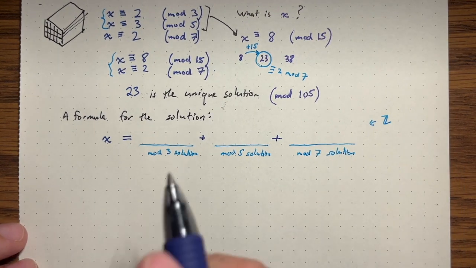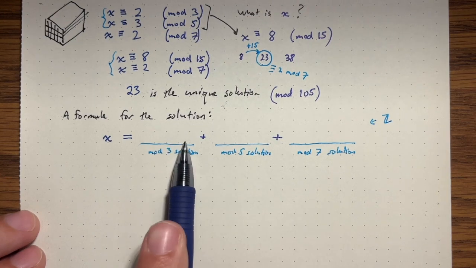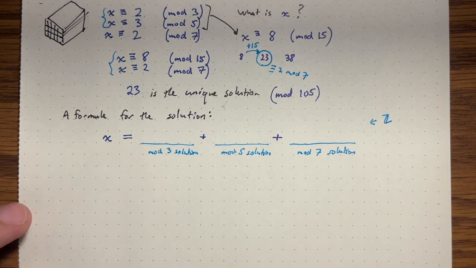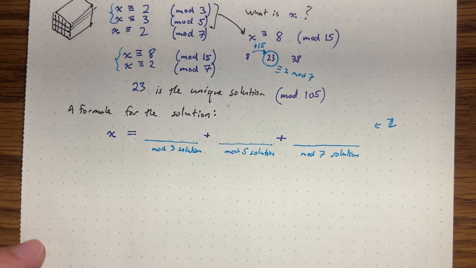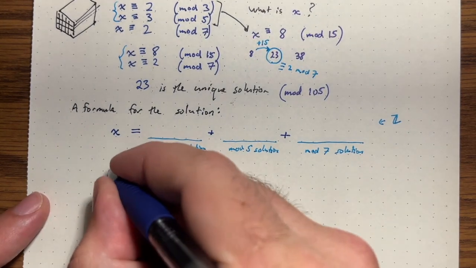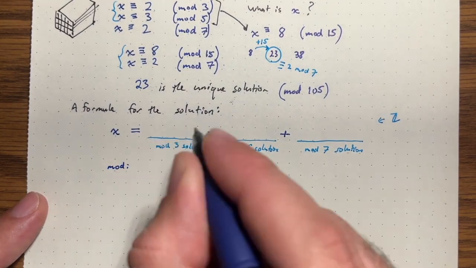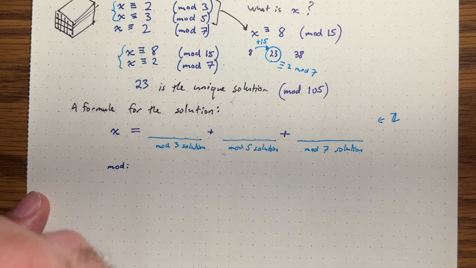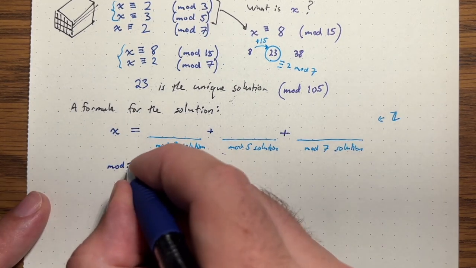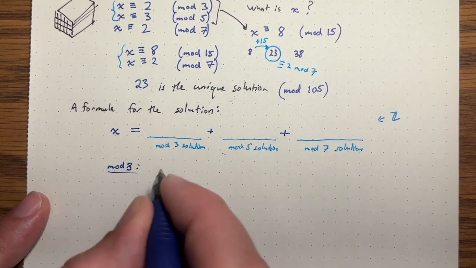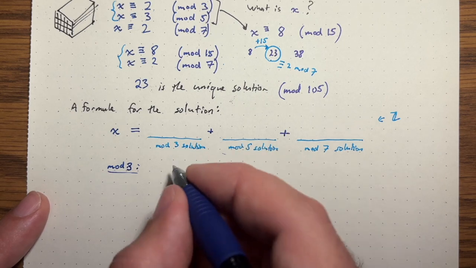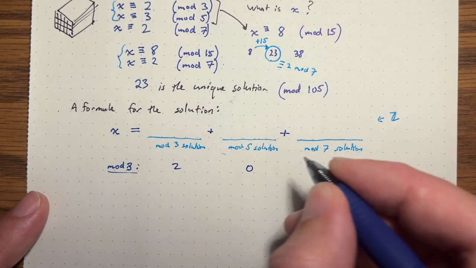Well, this seems hopeless because, fine, if we find a mod 3 solution, how do we know these aren't going to mess it up when we add more things to it? The way I'm going to ensure that is I'm going to construct these 3 numbers so that when we go modulo 3, this one's going to end up being my mod 3 solution, 2, and these 2 are just going to end up being 0.